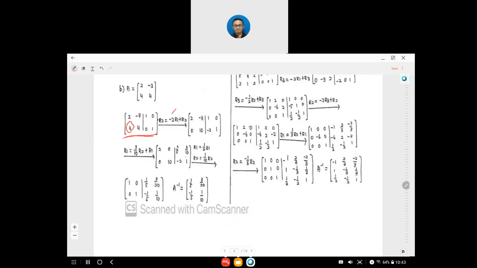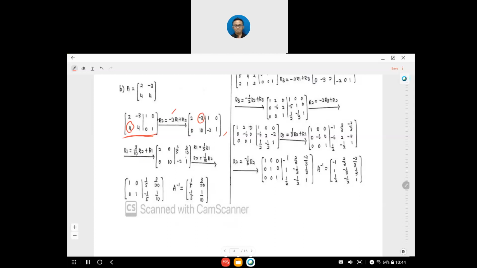Okay, we times by negative 2 plus R2, so you can get this matrix. Okay, and then next you want to change this to a 0. How to change that one to a 0? So we times by 3 over 10. Okay. 3 over 10 R2.